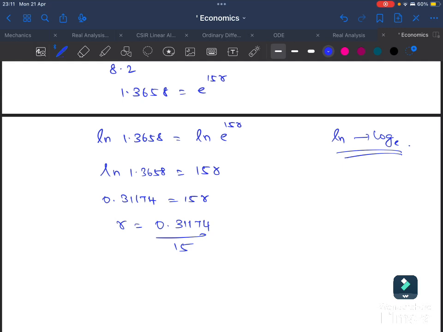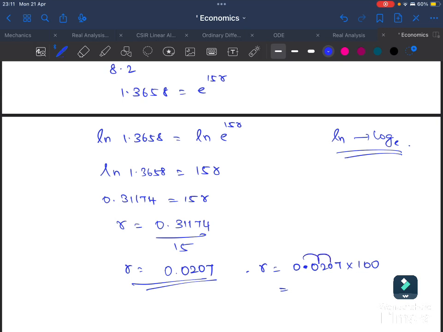0.31174 divided by 15. Yeah, r is equal to 0.0207. Okay, but I need it in percentage. If they ask you in percentage, just multiply it by 100. So 0.0207 into 100, you will get, again the point will be shifted 2 places.